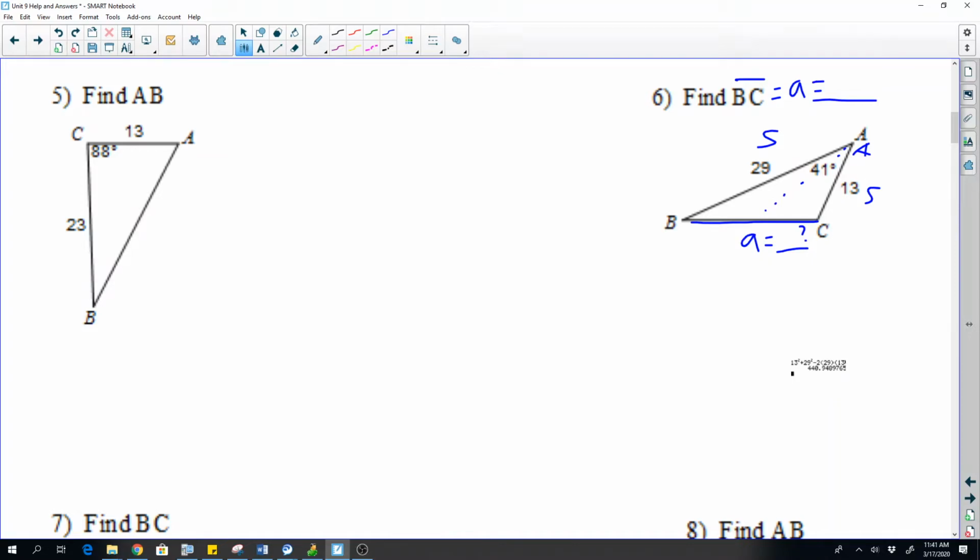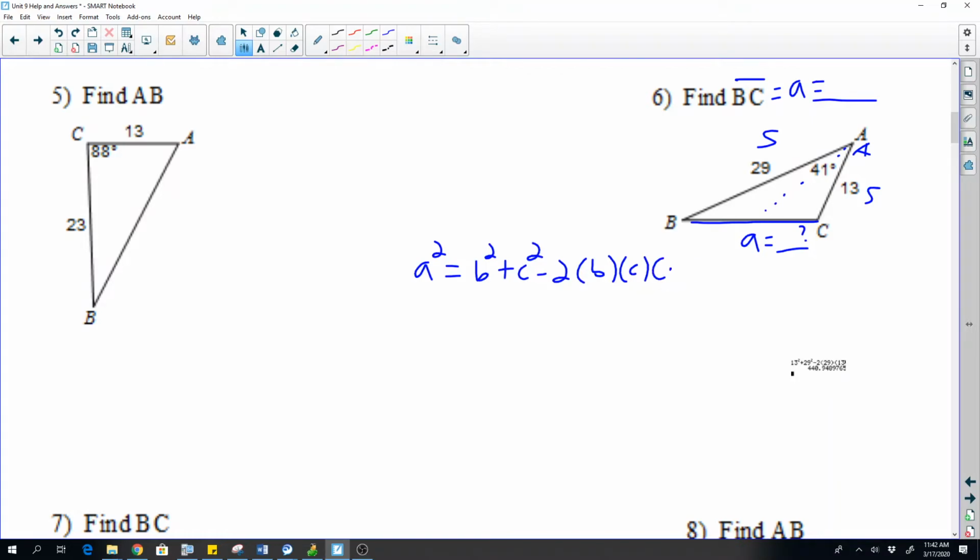Okay, this front page, you could probably just type right into your calculator. Now we're trying to find little a, and this is a slight variation of the formula above, right? So if you wanted to write all the formulas above, we can. a squared equals the other two sides squared and added, minus 2 times those same sides that we just squared and added, and then cosine of the letter that we started with.